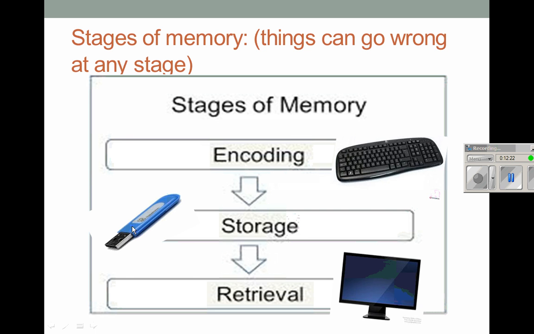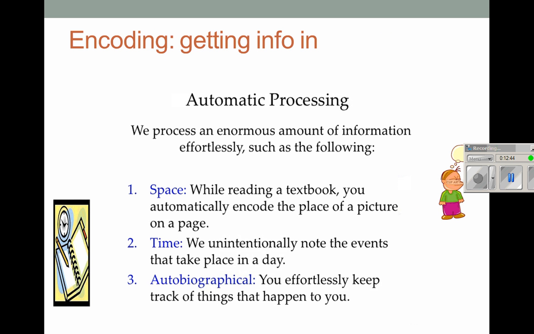Or you have something go wrong at the storage level where you don't save it correctly or you put it in the wrong spot, which then will make the retrieval process that much harder because now you tried to save it on a certain media player and now you try to open it up at school and it doesn't load that program. So things can go wrong at any stage in your brain, just as in a computer. All right, let's focus on encoding, so that getting information in.